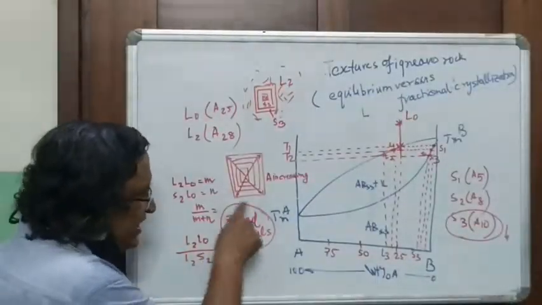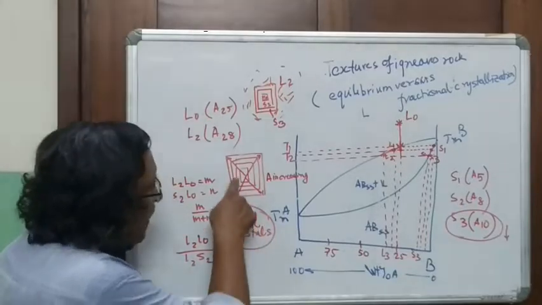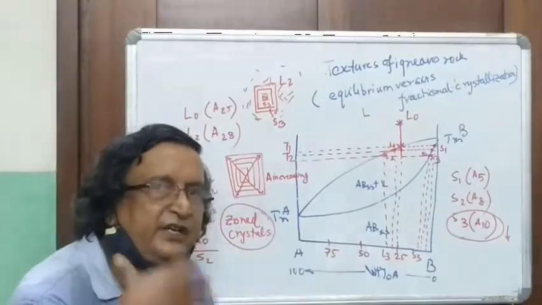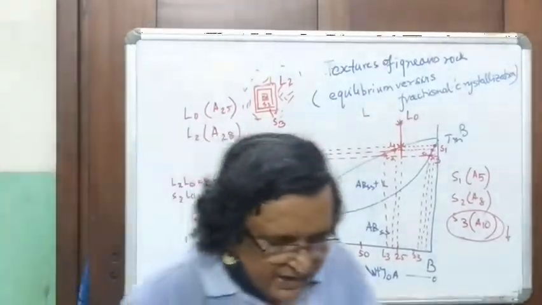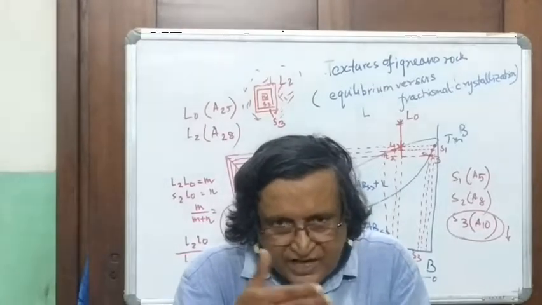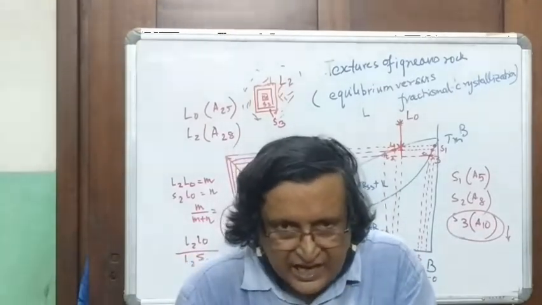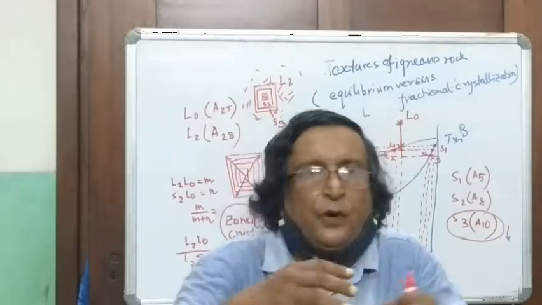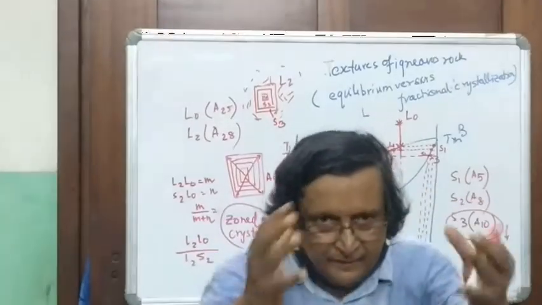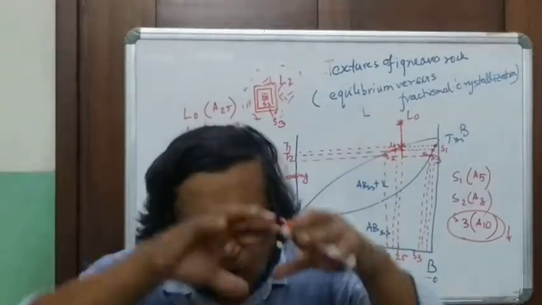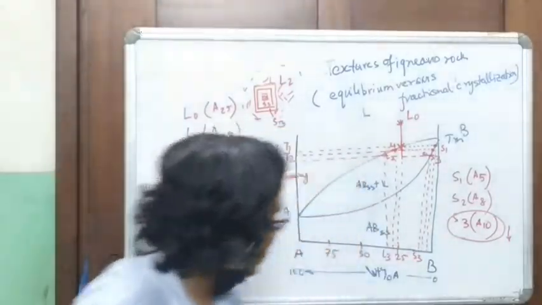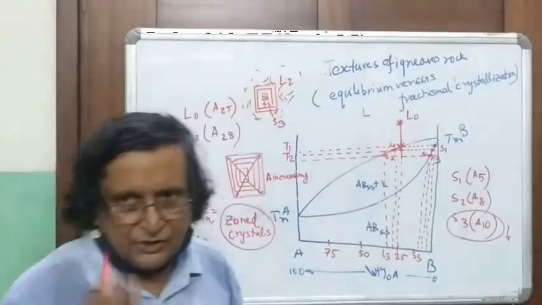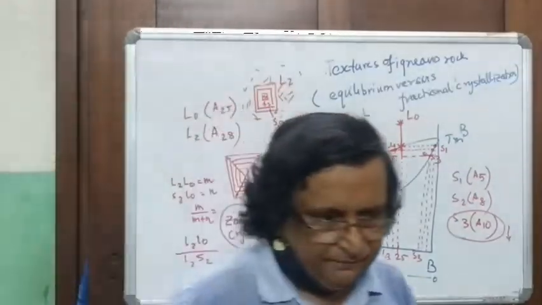Zoned crystals means these are chemically zoned crystals. The composition across the crystal is continuously changing because the crystal within is stopped from reacting with the melt. And then an outer layer is produced, and then again that outer layer is stopped from reacting. So it's like an onion peel. One layer over the other layer, and inside it is not interacting. So zoned crystals are examples of crystal fractionation.